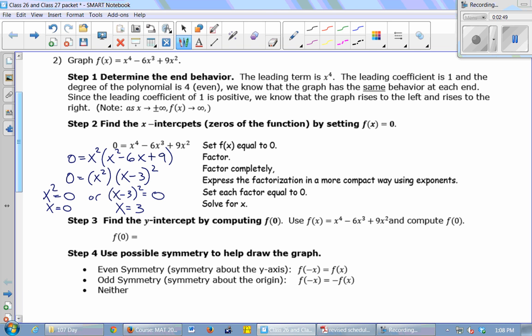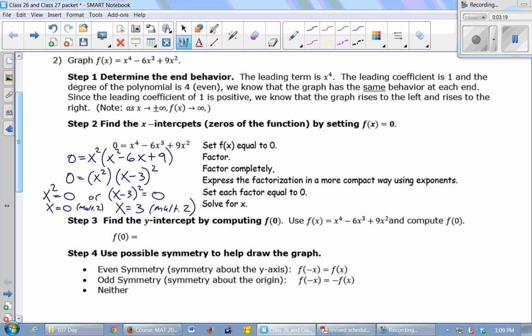X squared means x is a factor twice, so x equals 0 is a zero of multiplicity 2. And x equals 3 is a zero twice because x minus 3 was a factor twice. So x minus 3 also has multiplicity 2. You got it.